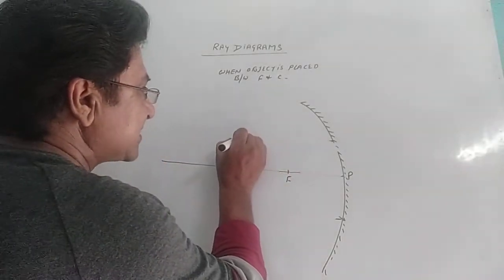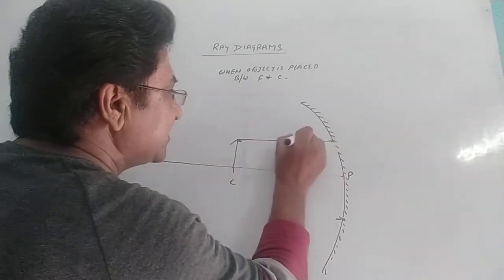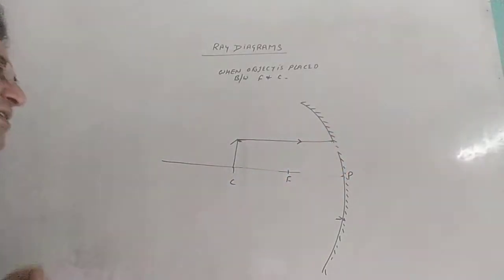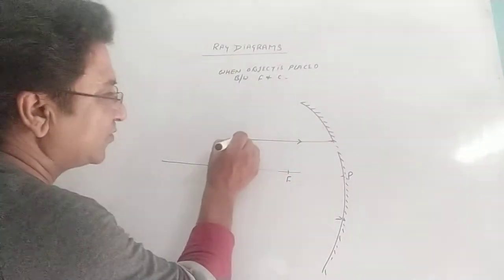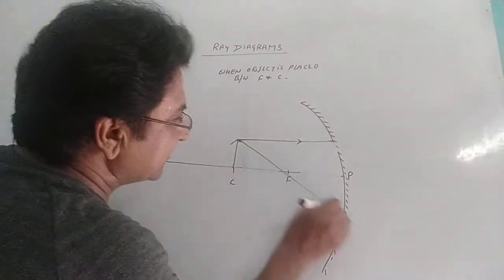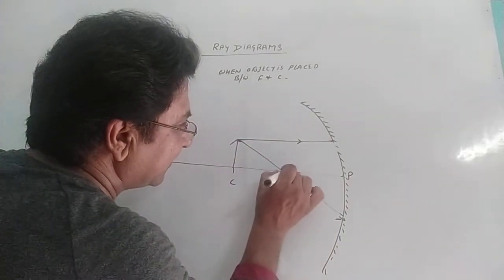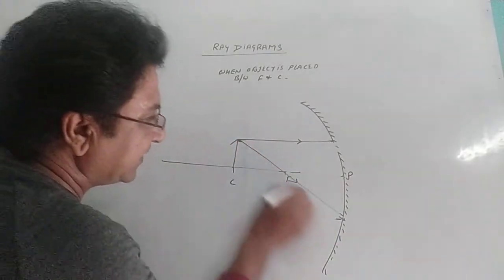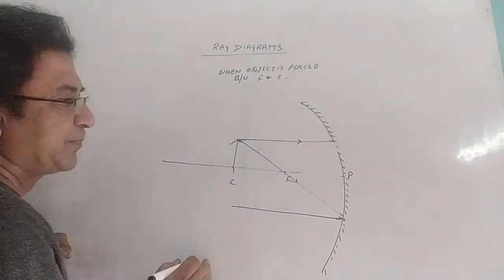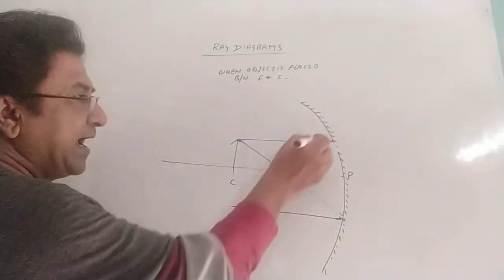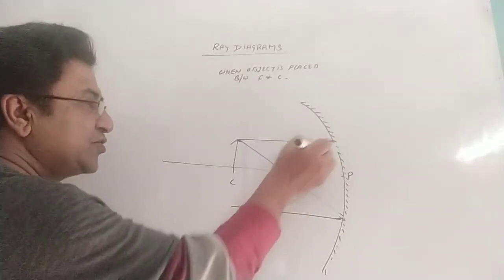Now, the first rule was a ray which is parallel to principal axis after reflection passes through the focus. But don't take the first one first. Take the third rule first. A ray which is passing from focus goes parallel to the axis. Take it like this, and then the first rule should be taken.